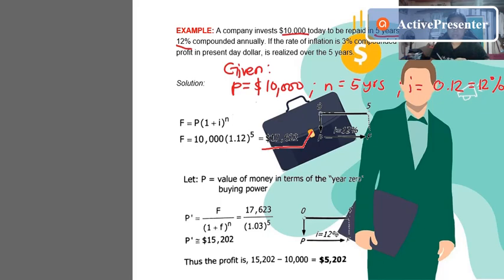So let P be the value of money in terms of the year 0 buying power. The problem says how much profit in present day dollars.